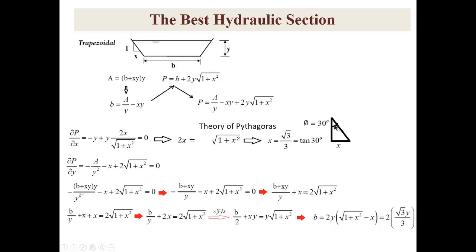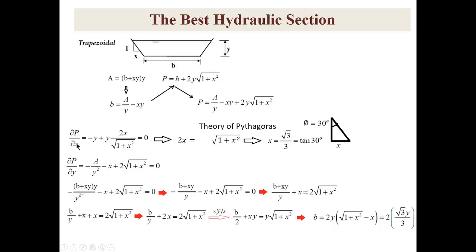Therefore, if this is 30, this theta should be 60 degrees. And we can say that this side here is 60, and inside of the trapezoid should be 120 degrees. Therefore, this is the conclusion of the first derivation.